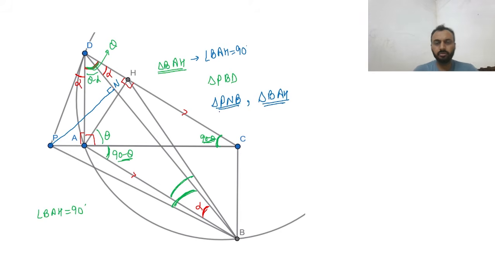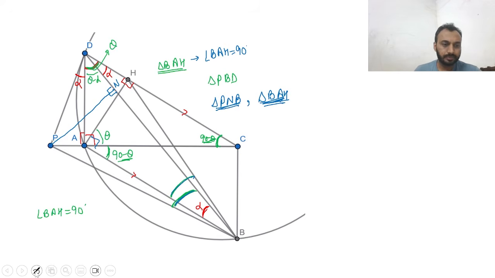In these two triangles, if we just think about the opposite of what we have to prove, if we assume that the angles are equal, this angle is equal to this, and both have a 90-degree angle, so we can say that these two triangles should be similar.